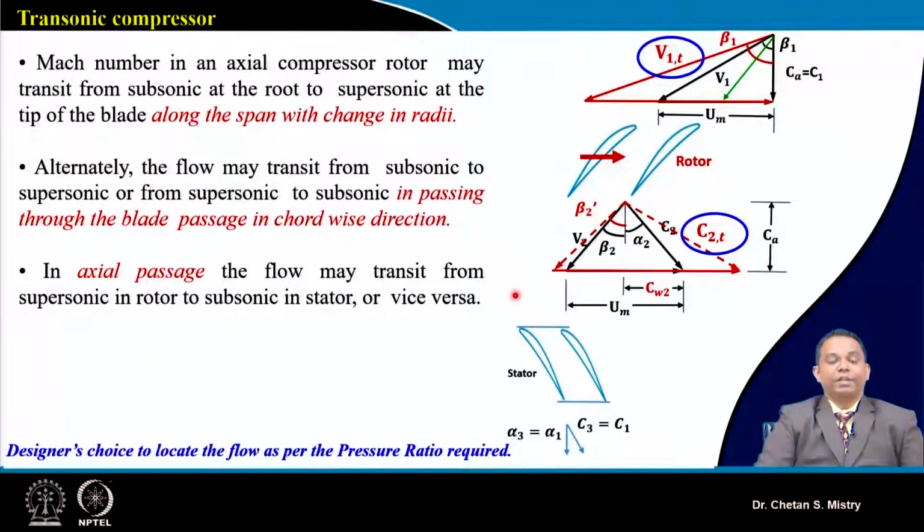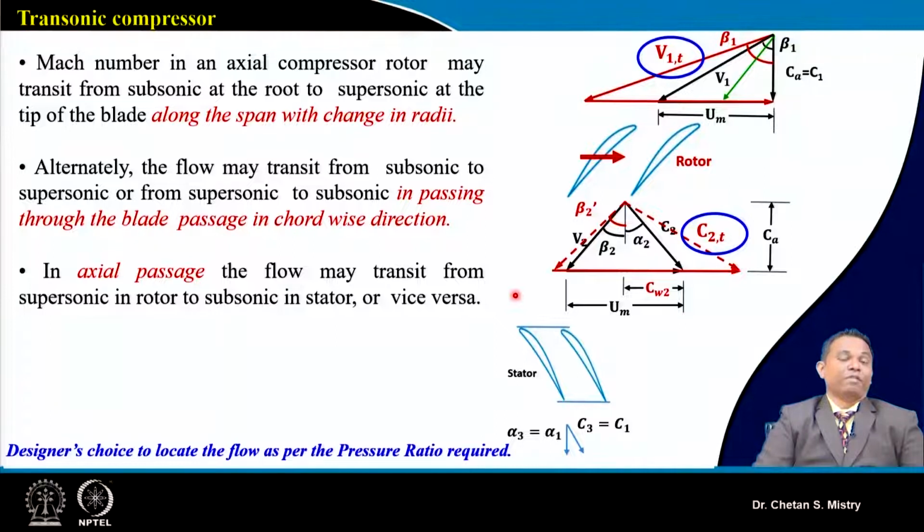What it says is that the Mach number in an axial flow compressor may transit from subsonic at the root to supersonic near the tip region, and that changes along the span with the radius. Secondly, the transition of flow may happen from subsonic to supersonic or from supersonic to subsonic when it is passing through the blade passage in the chordwise direction.